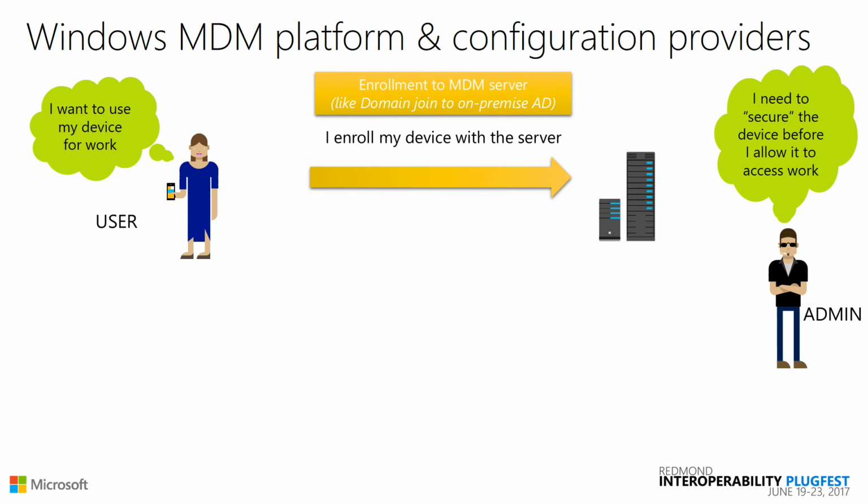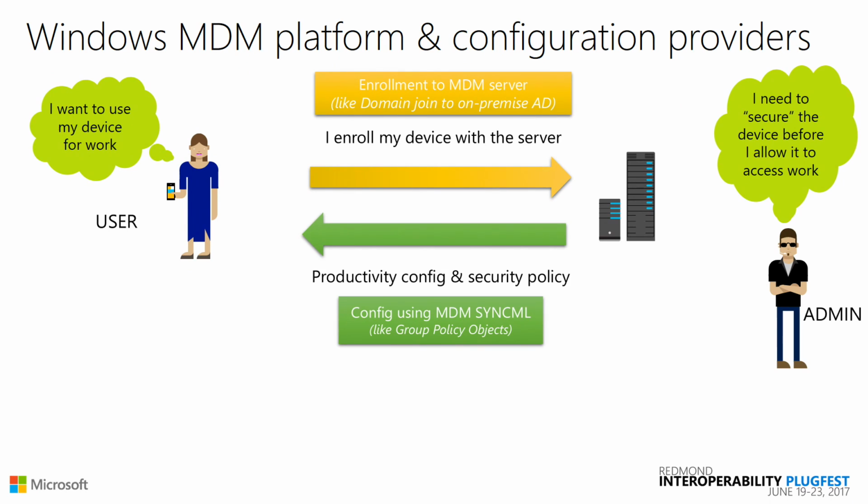Once we have this registered, the MDM server sees that you have this device. It looks at the information that we've passed up to it, and then it pushes back a bunch of productivity and security configurations onto the device. These can be apps, these can be VPN profiles, corporate network certificates, what have you.